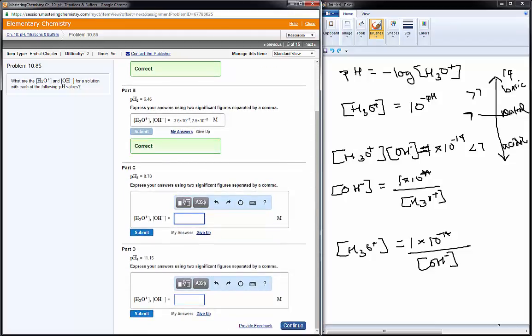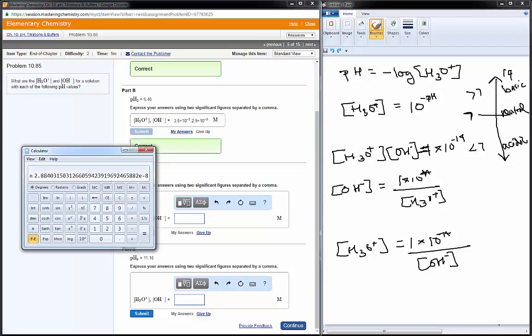Now, if my pH is 8.7, 10 to the -8.7 gives me a H3O plus concentration of 1.99, or 2.0 times 10 to the -9th.